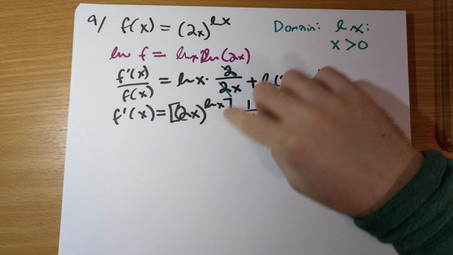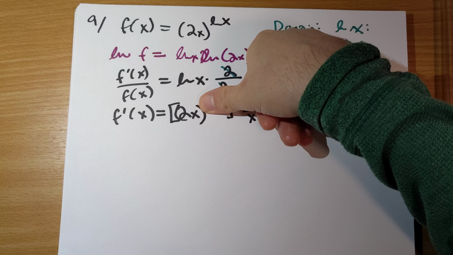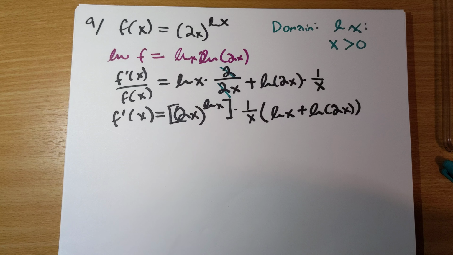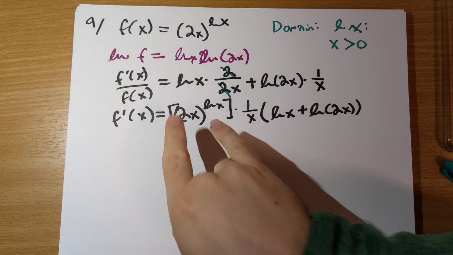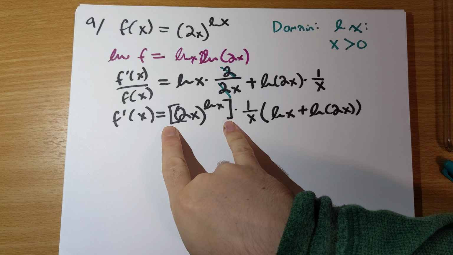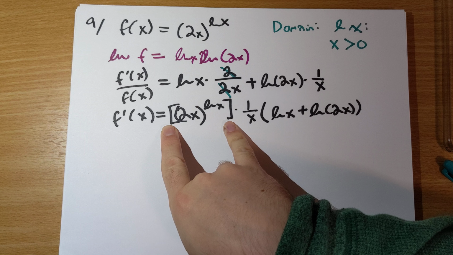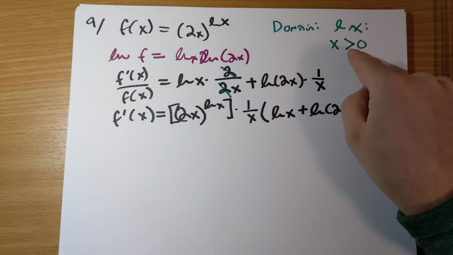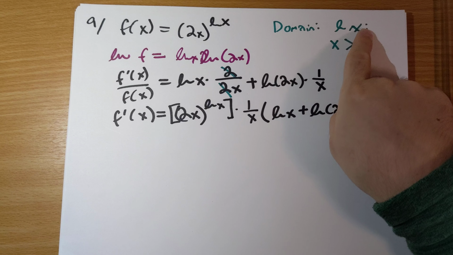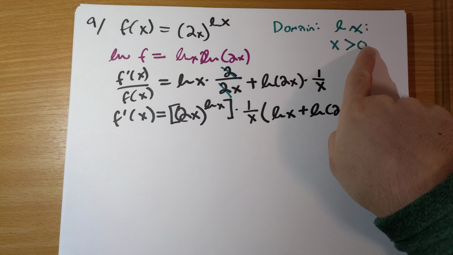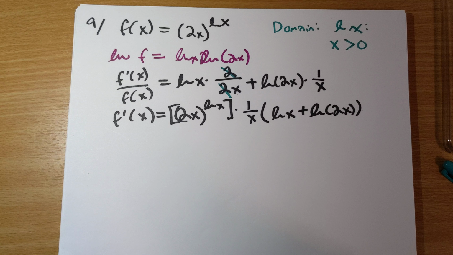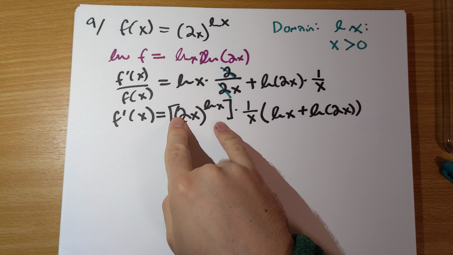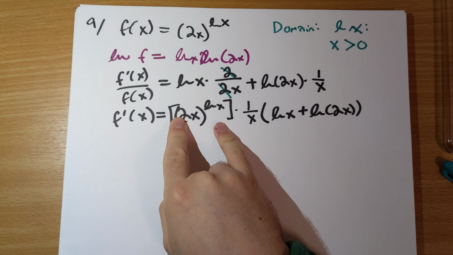So the only way this could be 0 is if x equals 0, but that's disallowed from the domain here. And is 2 times x raised to the power natural log of x ever undefined? Yes, it certainly is, but it's undefined exactly when the original function itself is undefined. So this doesn't give us any new information.